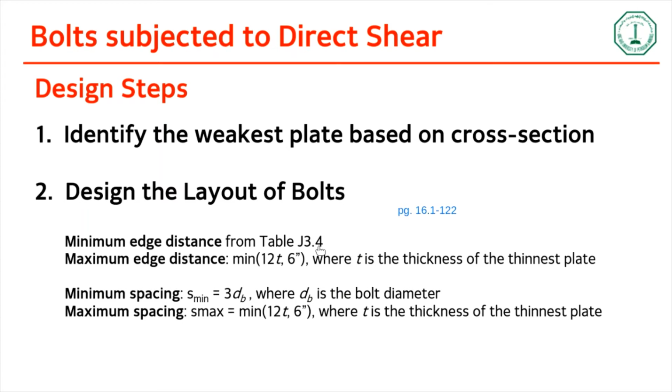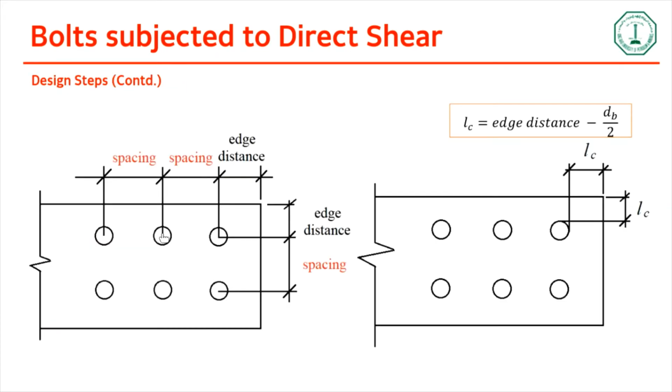Okay, so 12 times t, or 6 inches, the minimum of that. And for minimum spacing, I'll tell you what these words mean in the next page. You see, this is the spacing. Center to center between two holes is the spacing, and edge distance is the distance between the center of a bolt hole and the edge of the member.